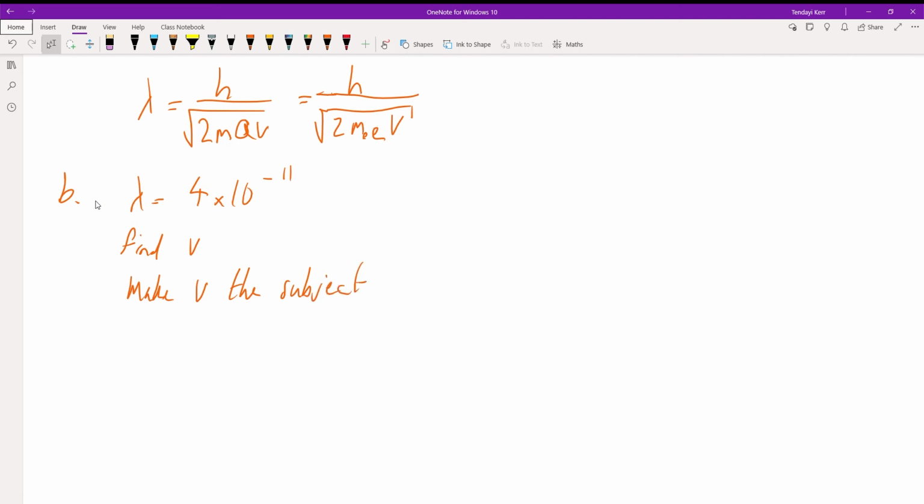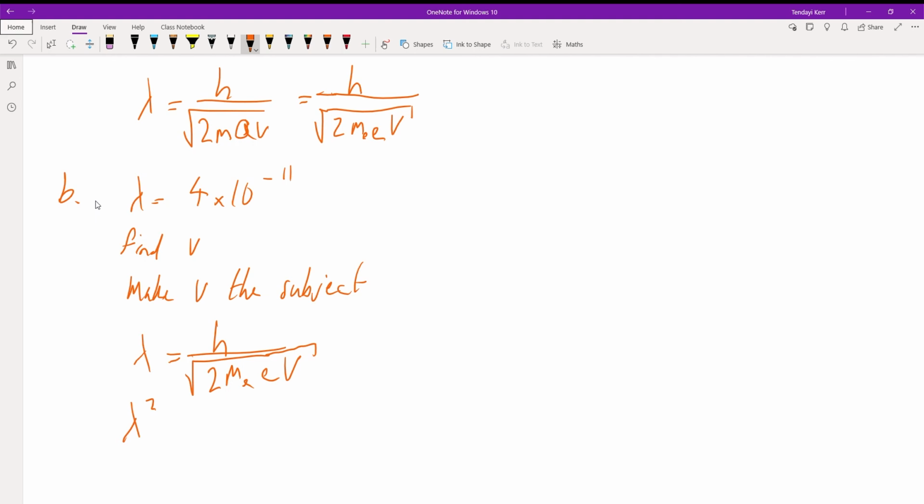What do we need to do? We'll square both sides because we've got this square root. So lambda is equal to h over the square root of 2 m_e eV. Square both sides, and what do we get?